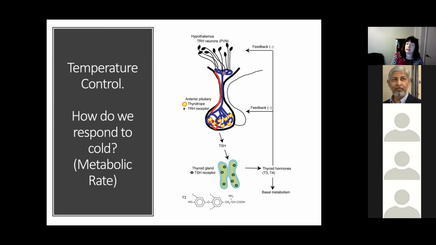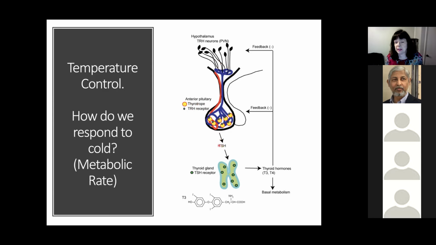And there it's collected by the portal veins, which go down to the second set of capillaries in the anterior pituitary. And there are special receptors called thyrotropes or TSH cells. Thyrotropes receive the TRH, and then they will secrete thyroid stimulating hormone, or TSH.